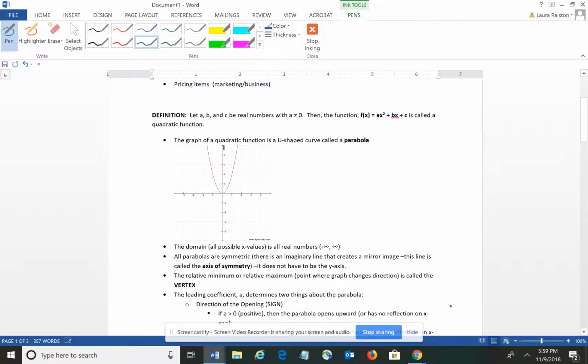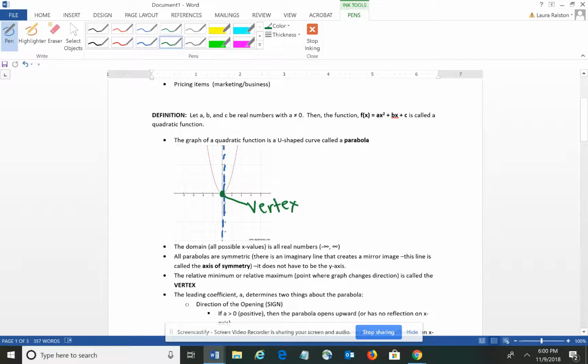So there's this imaginary dotted line here that you could fold across and you wouldn't be able to tell the left side from the right side, and that's called the axis of symmetry. This low point where the graph turns, bottoms out, is called the vertex. And that's one of the key points on a parabola.